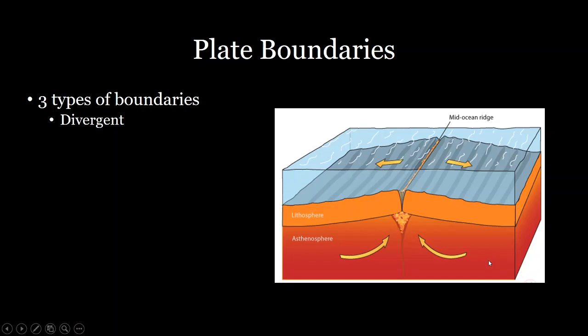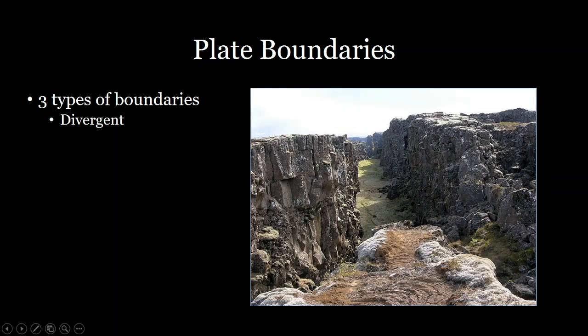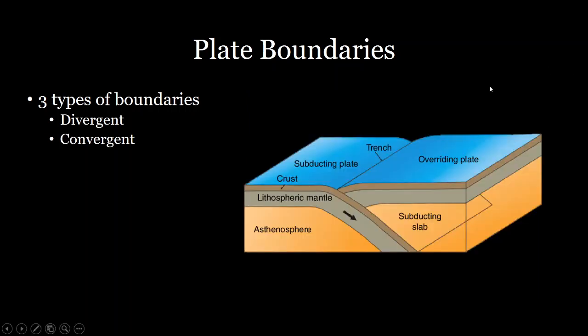This not always happens in the ocean. It also can happen on land. This is Thorsmork in Iceland, very cool place, where we have a divergent plate boundary on land separating these two continents apart.